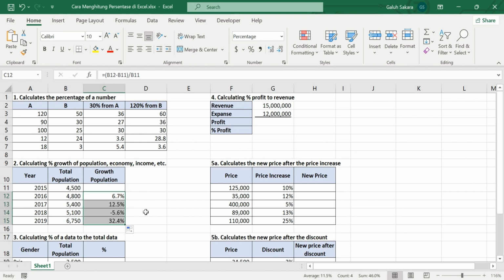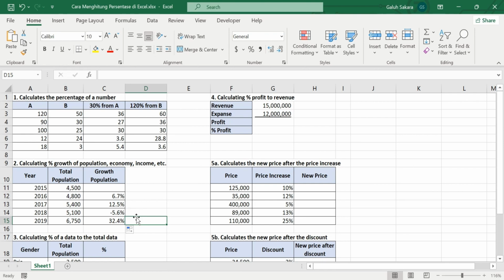So the result should be like this: 6.7%. The comparison between 2016 and 2015, the group population grew 6.7%. And then drag down to get the formula for the next cells without calculating manually.